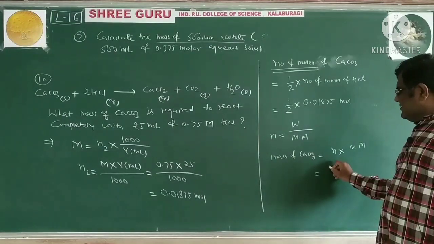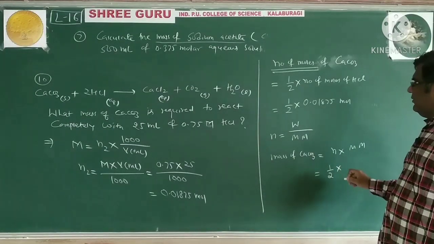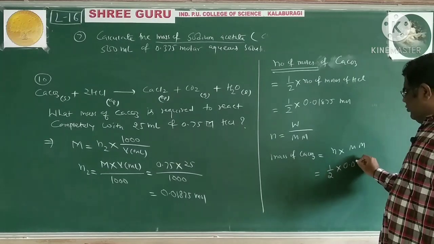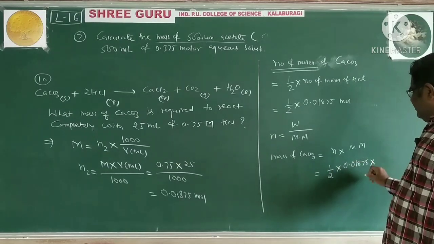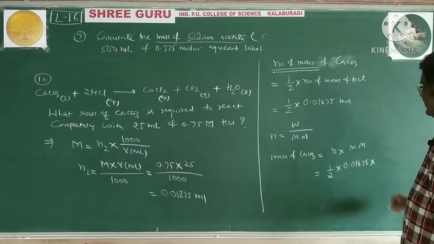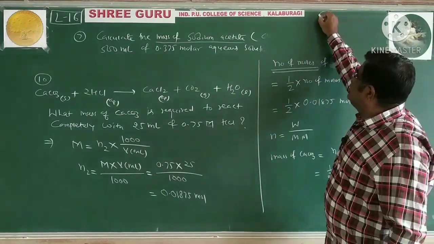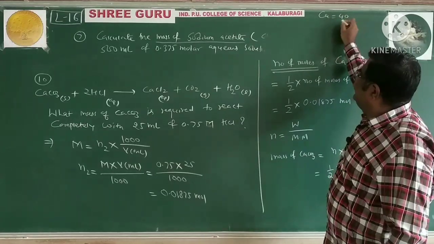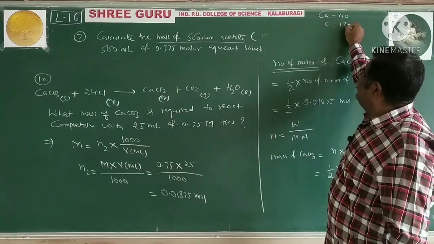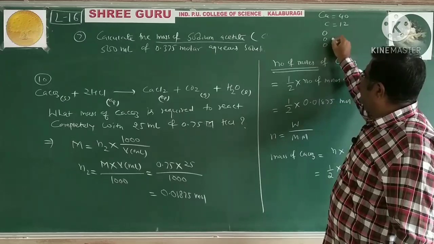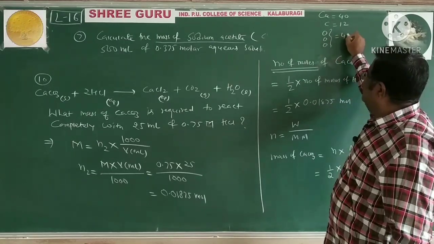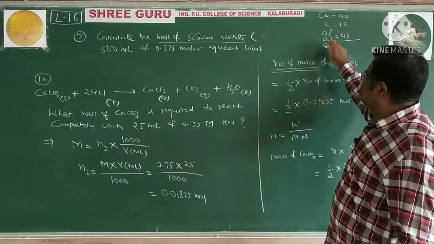Number of moles is half of 0.01875 and molar mass of calcium carbonate is 100, because calcium is 40, carbon is 12, and there are 3 oxygens, 16, 16, 16.